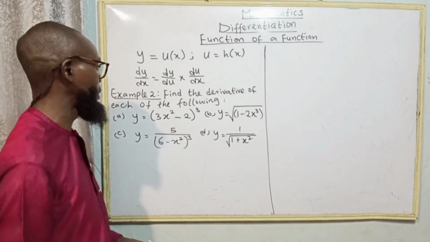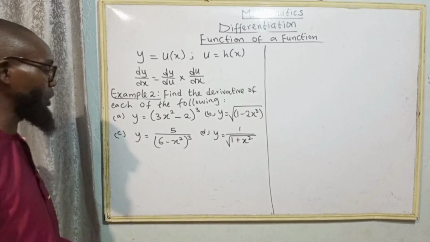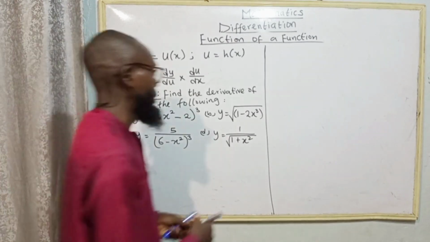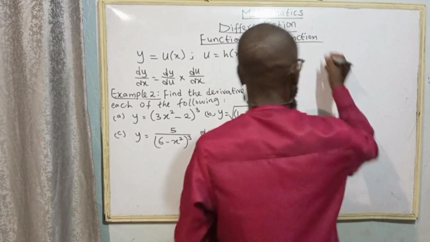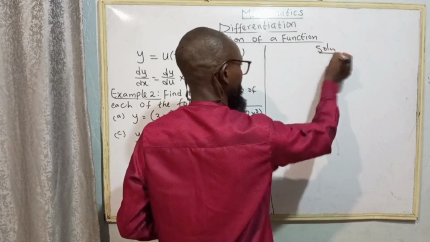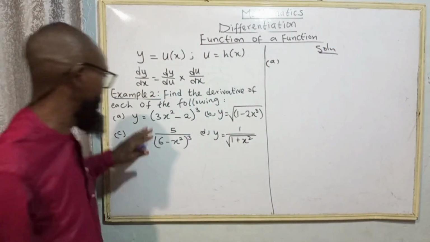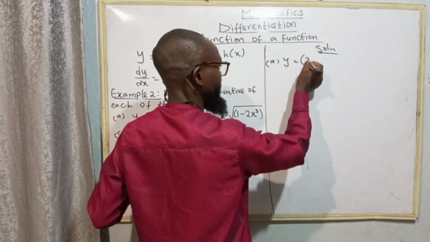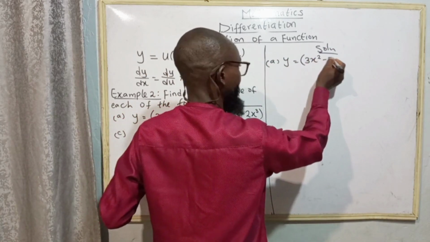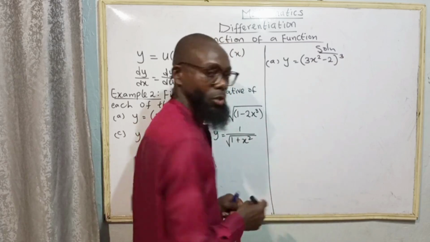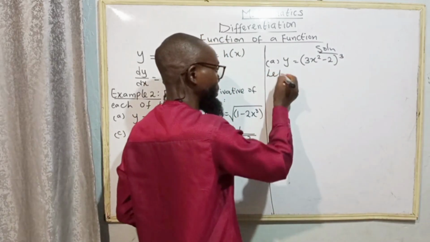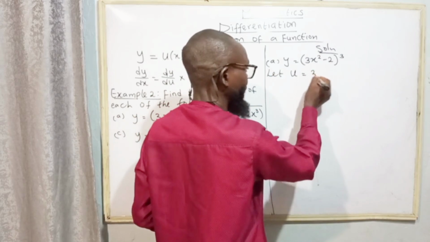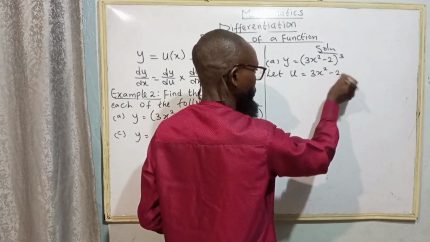Example 2. Find the derivative of each of the following. I want to find the derivative of this. The first one here, we have y equals, open your brackets, 3x squared minus 2 raised to power 3. We say let u equal anything in the brackets, 3x squared minus 2.